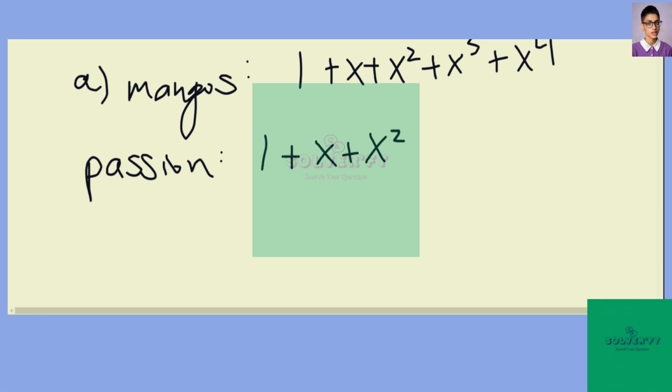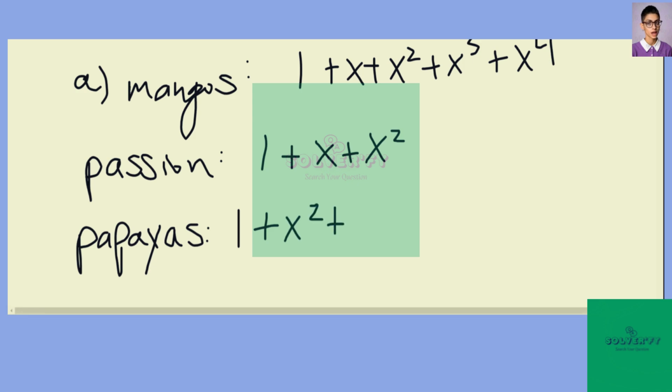Any even number of papayas. So that means that for papayas, the generating function is going to contain any even power of x. So this is going to be 1 plus x squared plus x to the 4th plus, and so on. 3 or more coconuts.